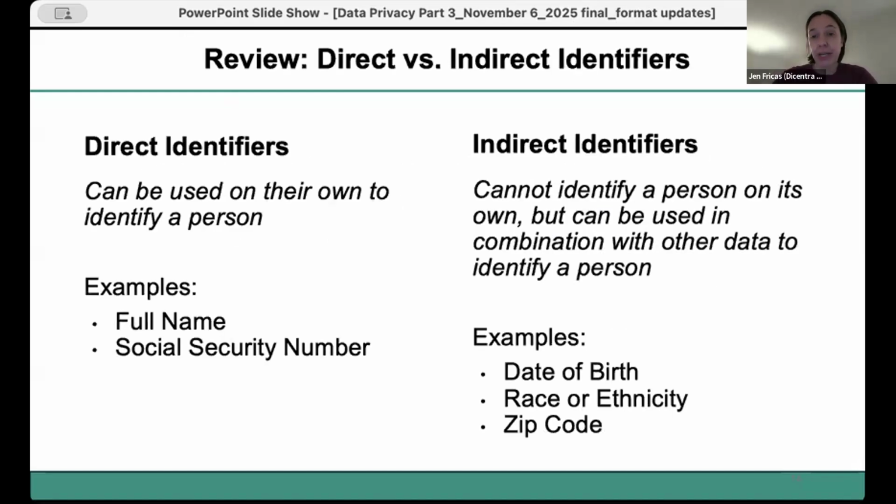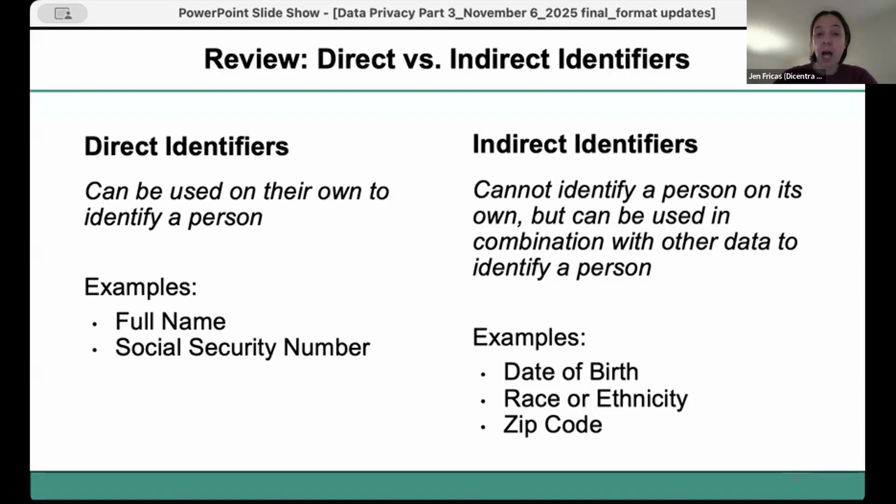From the last training, you may remember this information, which I thought would be important to review. There is a difference between data that can directly identify a person and data that can indirectly identify a person. On the left, direct identifiers are the ones that we can use by themselves without any other information to directly identify a person, such as the person's full name or their social security number.